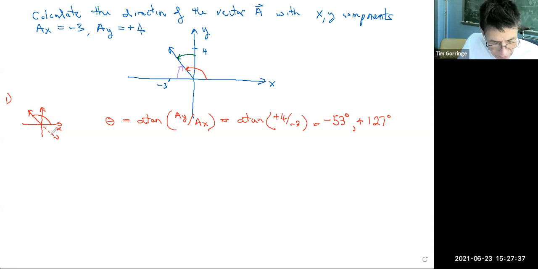It's not this answer, negative 53 degrees in the clockwise direction around to this vector. So this is the correct answer, and this is not the correct answer for our particular case. One way I could answer the direction of this vector is it's 127 degrees in the counterclockwise direction away from the positive x-axis.